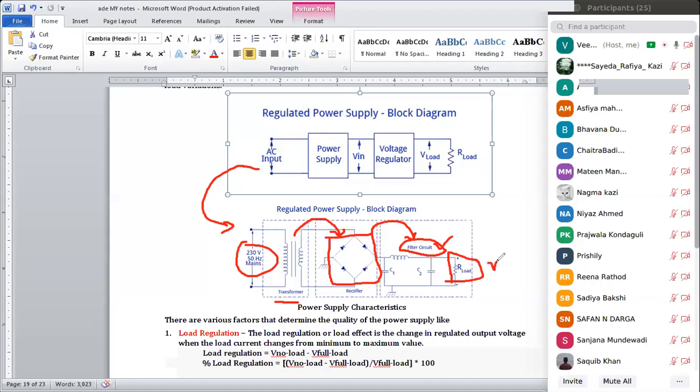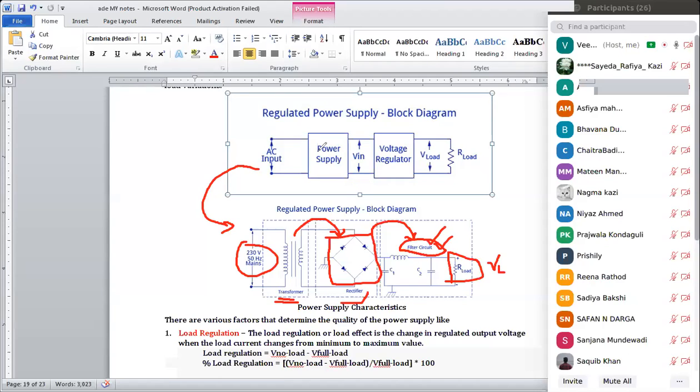We will get the load voltage here, VL. So this transformer stage, then the rectification stage, and then the filter circuit. These are the 3 stages that we are applying here to get a regulated power supply.